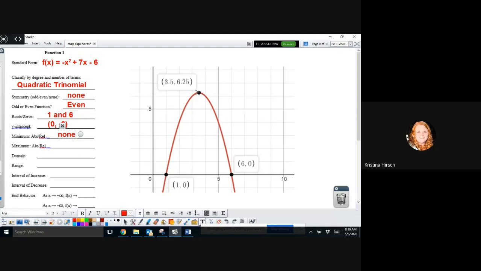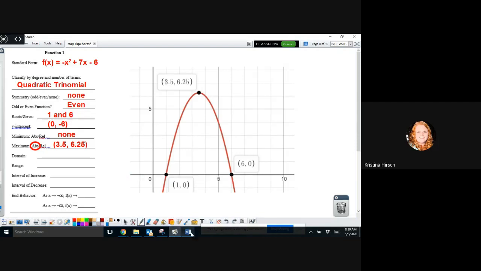It's right here, the top of our ripple. So our maximum is (3.5, 6.25). Because that is the highest the graph can go, that maximum would be considered an absolute maximum. So then you would circle absolute maximum.